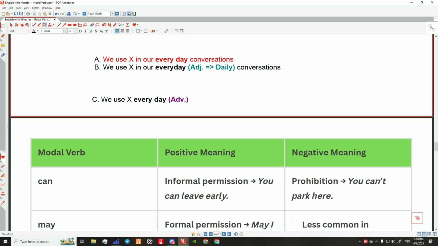If you use it before a noun to say that it happens every day, you can say everyday conversations, everyday topics, everyday English, for example. But I go to school every day means each day. Sunday, Monday, Tuesday, Wednesday, doesn't matter. So adverb and adjective.